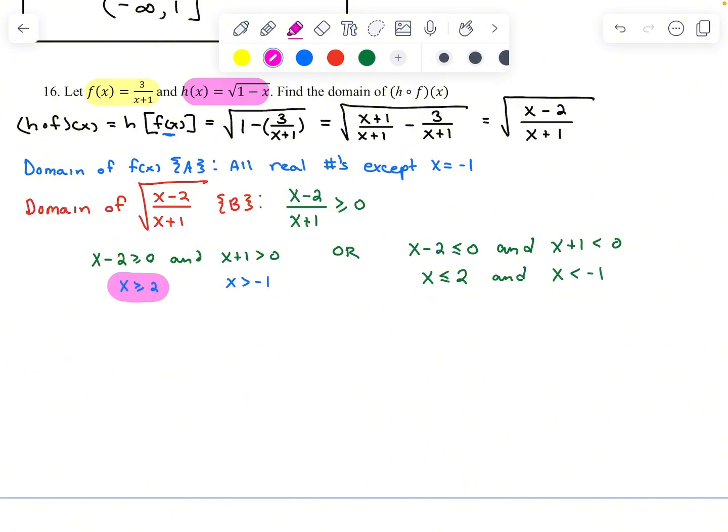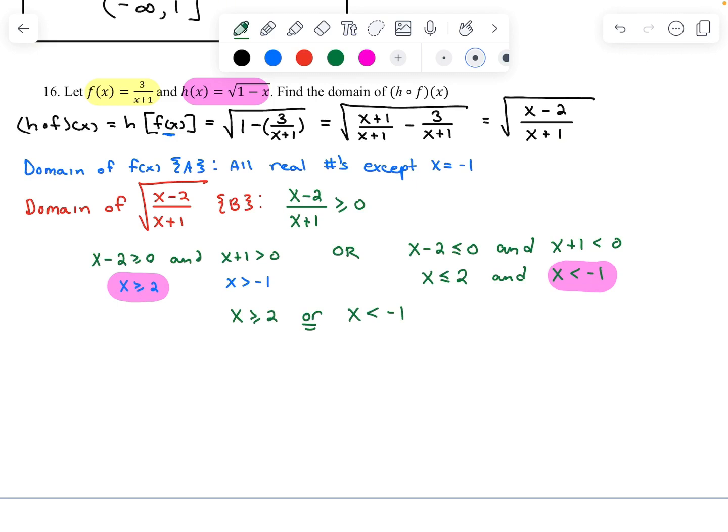And since -1 is already less than 2, I'm going to choose this inequality. So the domain for the square root of x minus 2 divided by x plus 1 is x is greater than or equal to 2 or x is less than -1.